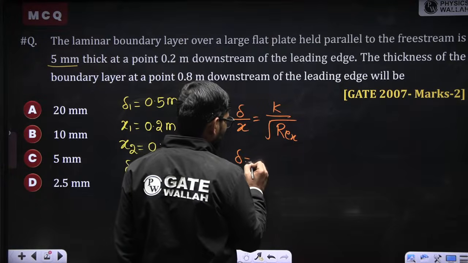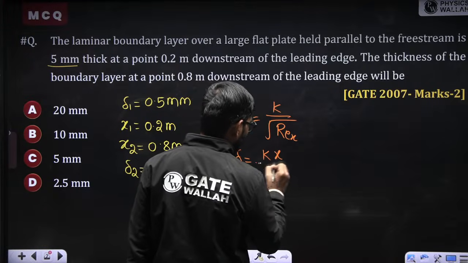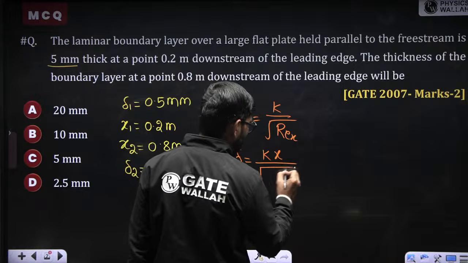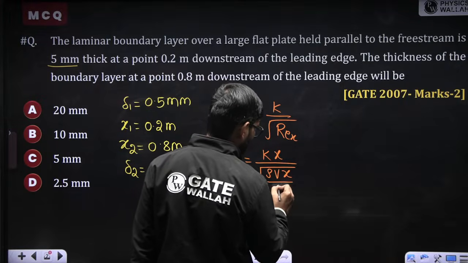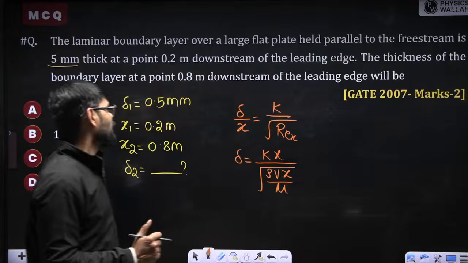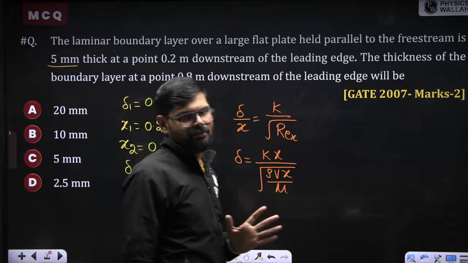So delta is equal to Kx by under root Re. Under root Re can be written as under root of rho Vx by mu. Now here, as per the given data, only x is changing, my dear student friends.